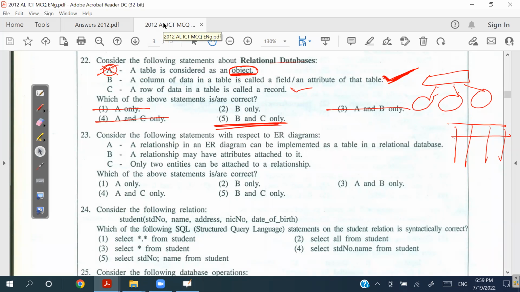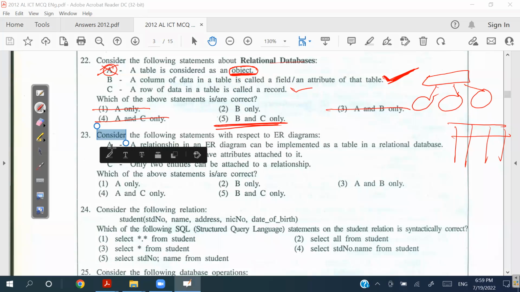Right, 23rd. Consider the following statements with respect to ER diagrams. A relationship in an ER diagram can be implemented as a table in a relational database. Yeah, it is somewhat correct. For a many to many relationship we go for a third table.